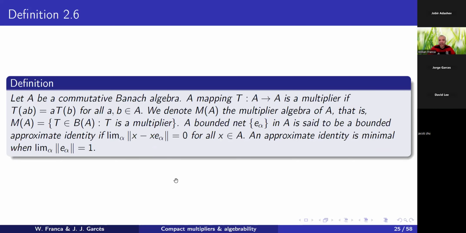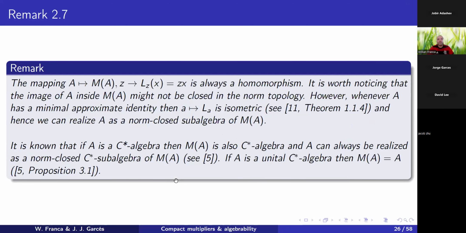I am introducing these ideas because under some conditions, we may assure that A contains an isometric copy inside M(A), in the case where we have a minimal approximate identity.